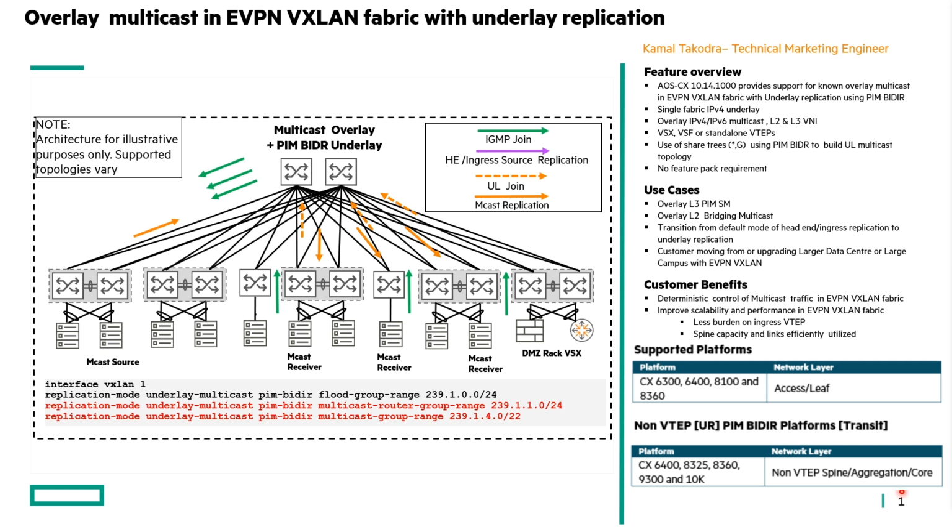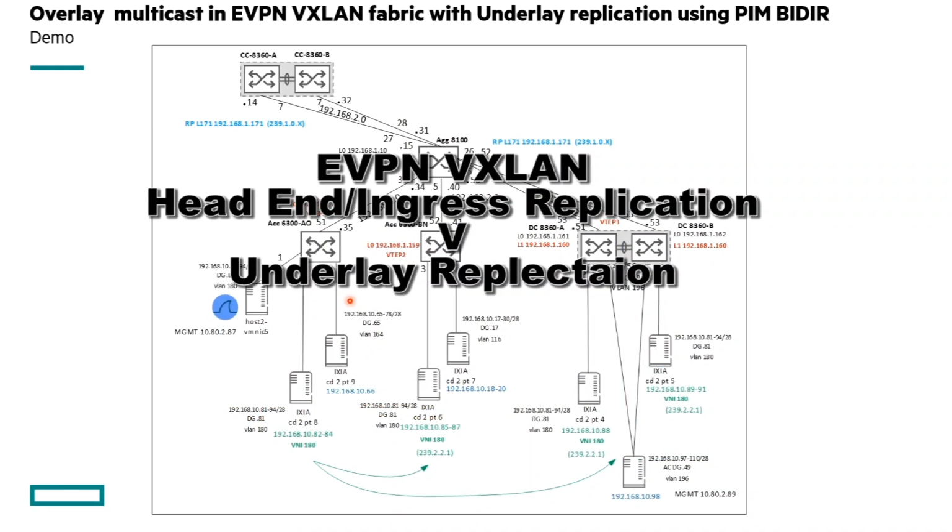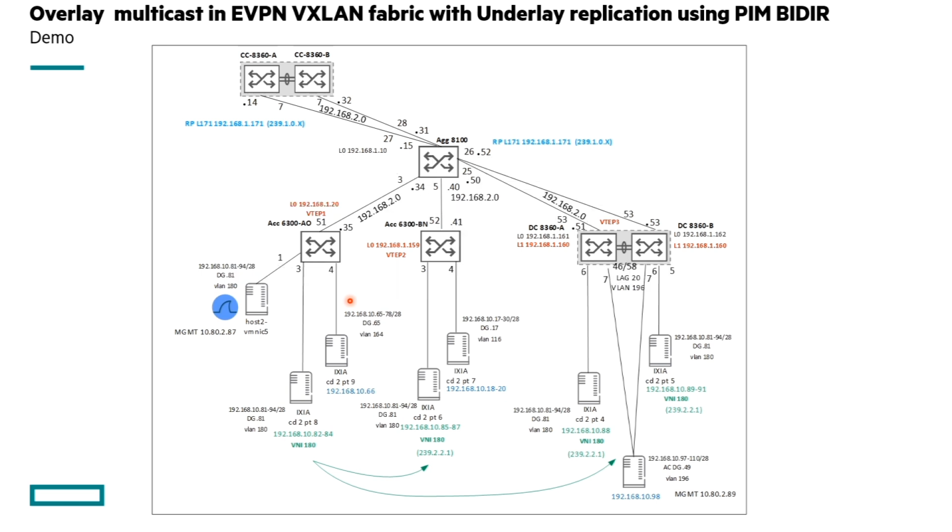Now let's go over to a short demo. In this demo topology, we are going to review EVPN VXLAN head-end ingress replication versus underlay replication when using multicast traffic in the overlay. In this topology, we have three VTEPs.